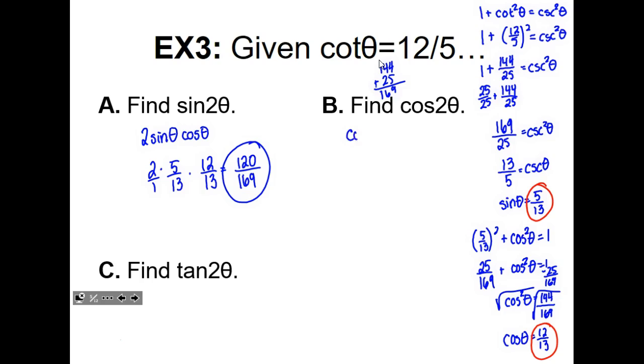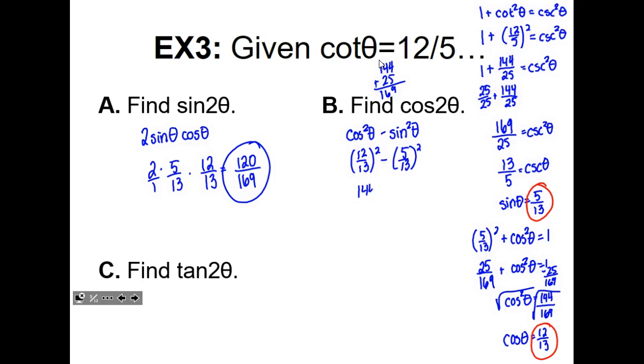Then I'll have cosine squared theta minus sine squared theta. That is going to be, cosine was 12 over 13, and sine is 5 over 13.